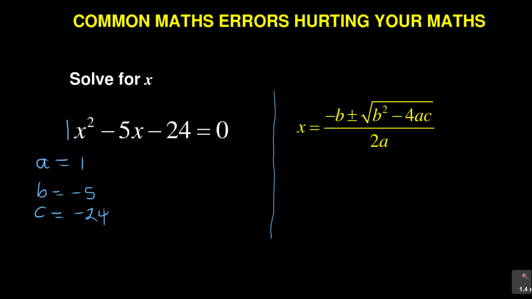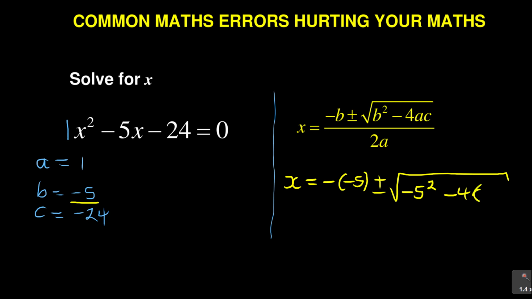This is the quadratic formula, and you write x is equal to minus b. You see that b is -5, so it's minus bracket -5, which is good, and then plus or minus the square root of -5 squared, which is b squared, minus 4, my a is 1 and my c is -24.